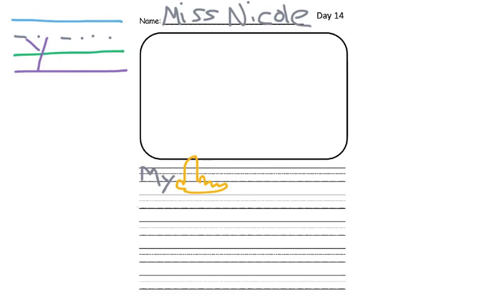So what we're going to do is we're going to listen for all of the sounds in the word favorite, and we're going to write it together. So let's listen. Fave. F. A. V. Fave, or favor it.